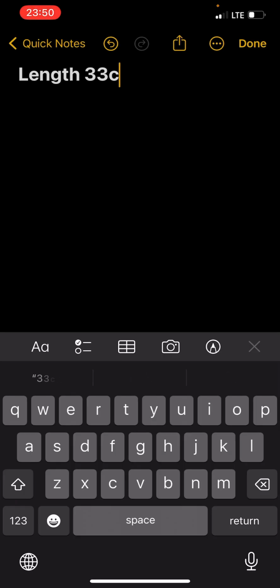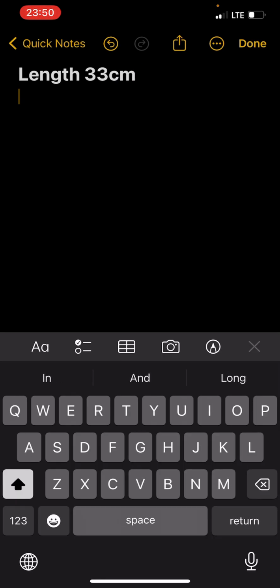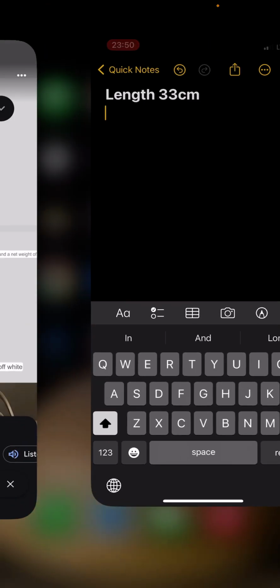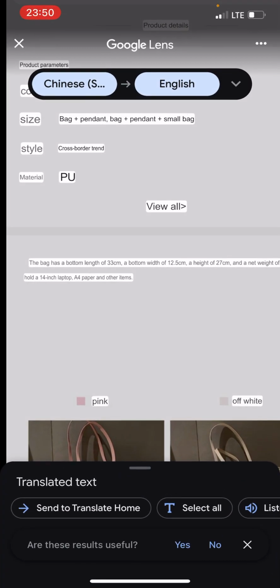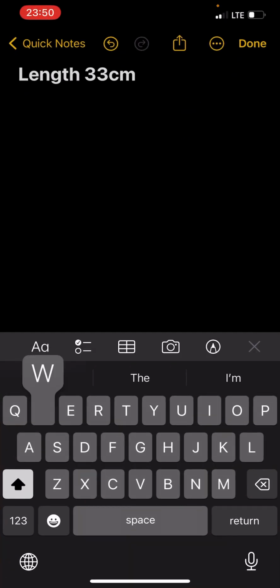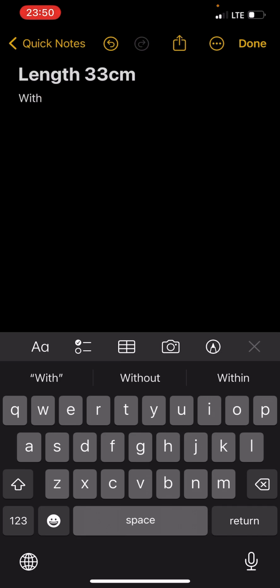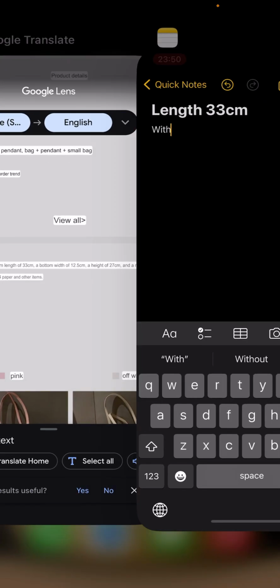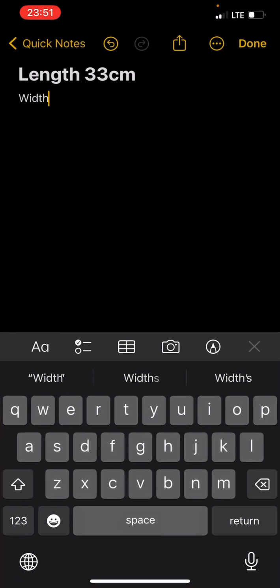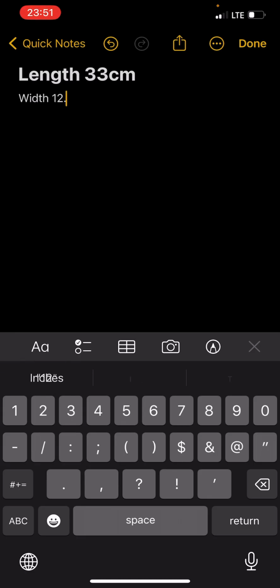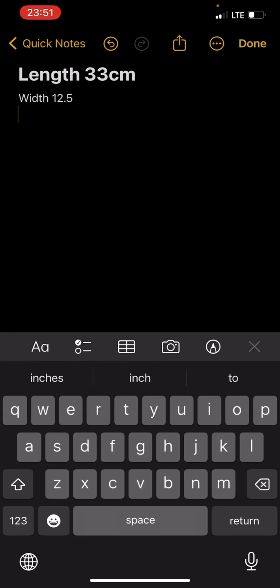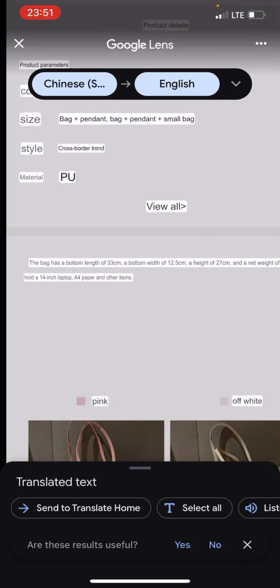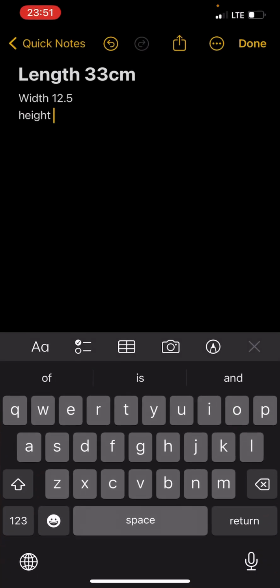The width is 12.5. Then the height is 27 centimeter.